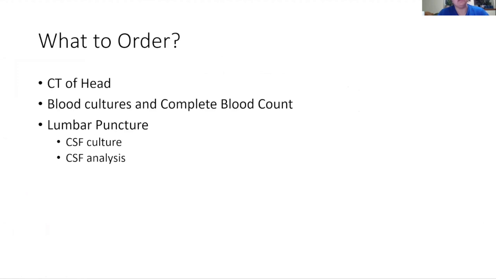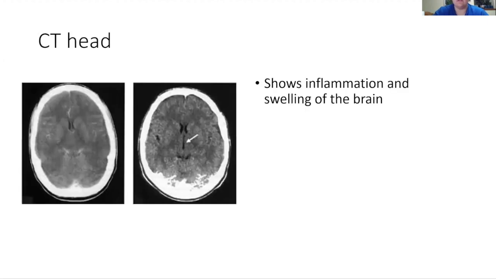A CT of the head, which is imaging that shows exactly what's going on inside, would also be useful, and doing a procedure called a lumbar puncture would also be helpful to look at the internal surroundings of the brain and the spinal cord, which are affected during these infections.